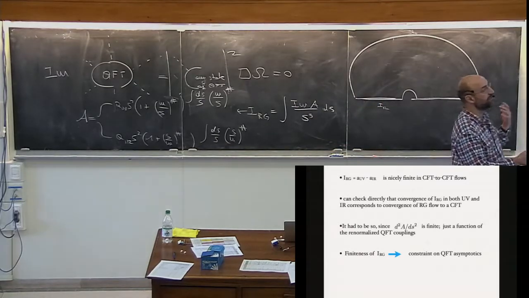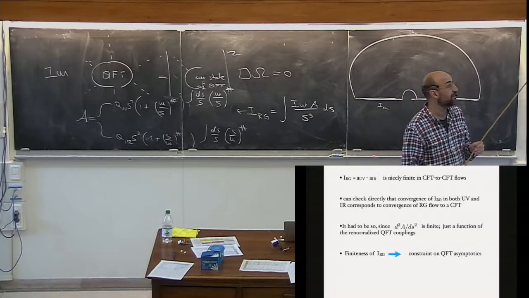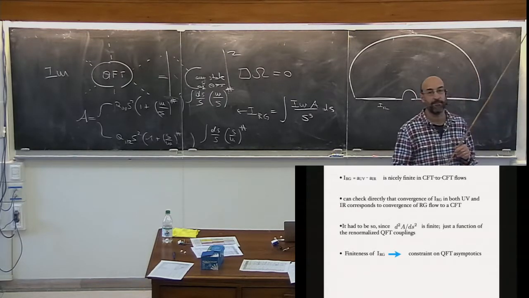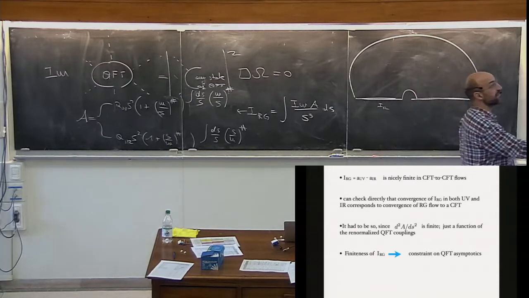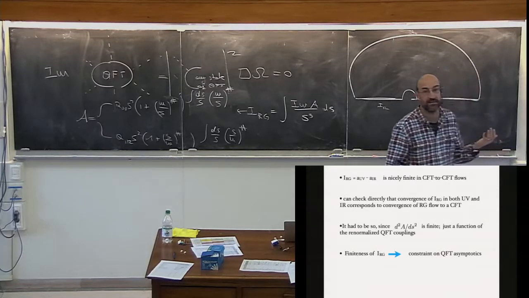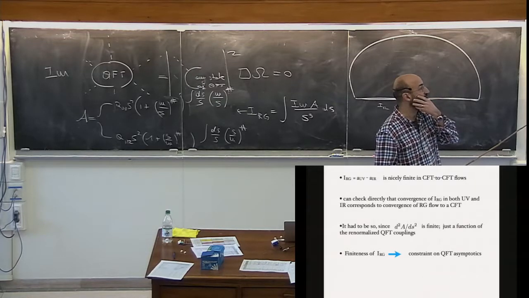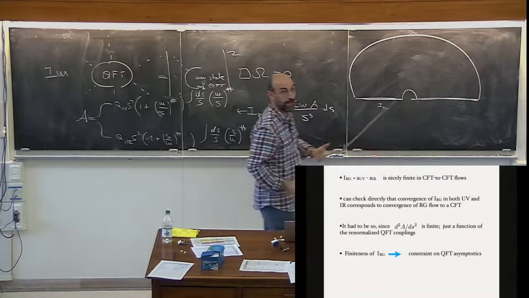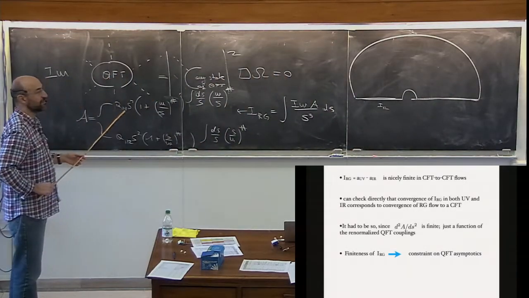And this matches very nicely the analysis we had done previously, which was saying that the only divergence in the amplitude was a constant, real cosmological constant. Okay, and in particular, therefore, the second derivative of the amplitude in the UV and IR, or wherever you want, is controlled by something that we can compute.